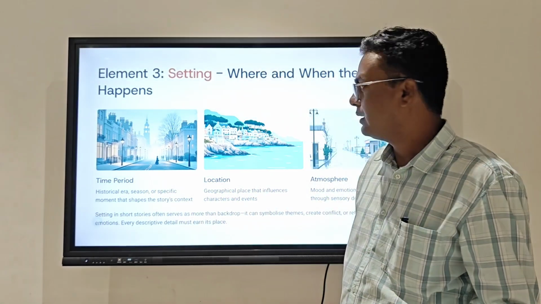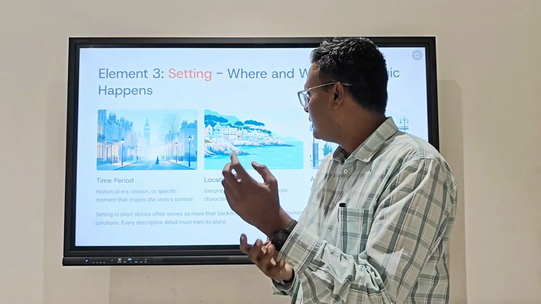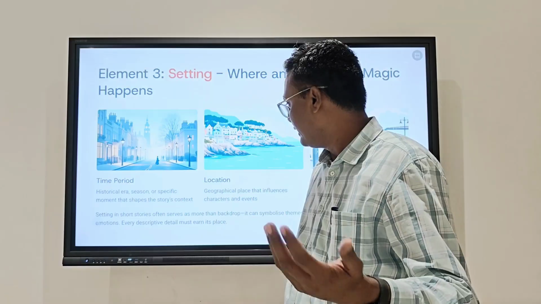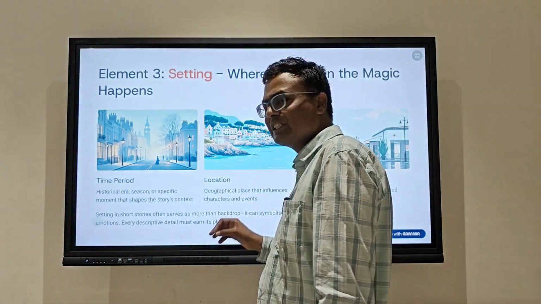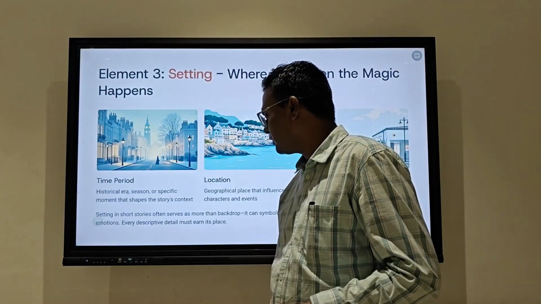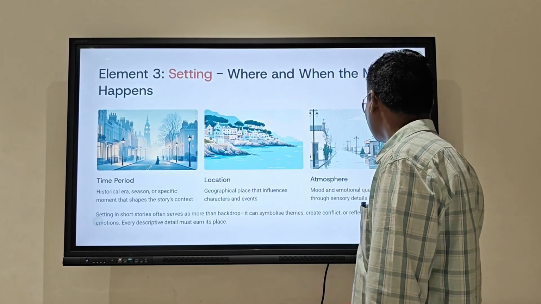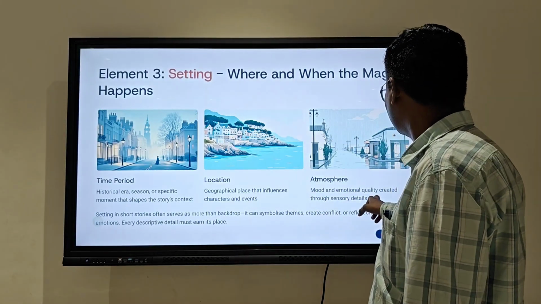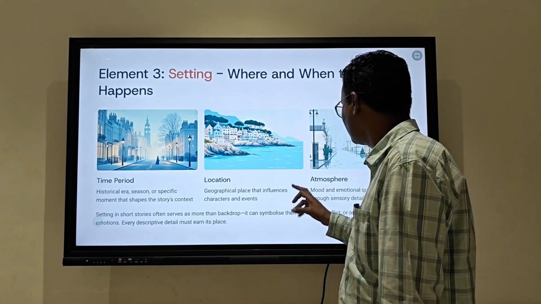If we read Train to Pakistan, we will understand that it happens after the partition. Then location: where does it happen? It takes place in a historical or geographical place. That is called location. Atmosphere is the mood and emotional quality created by this.